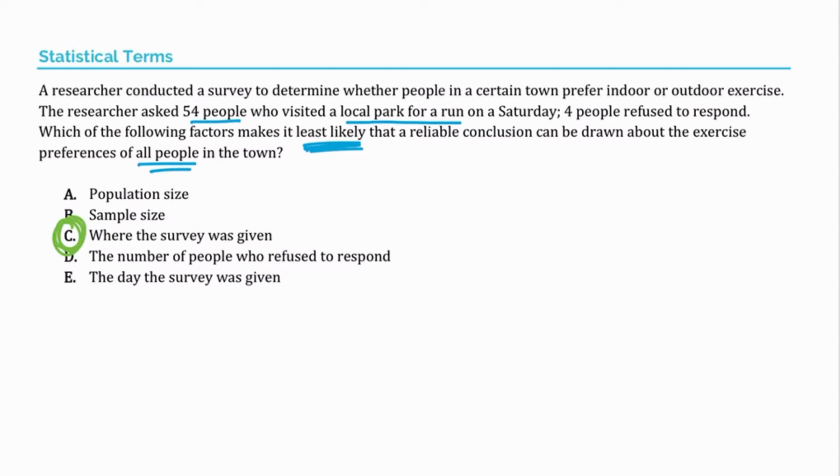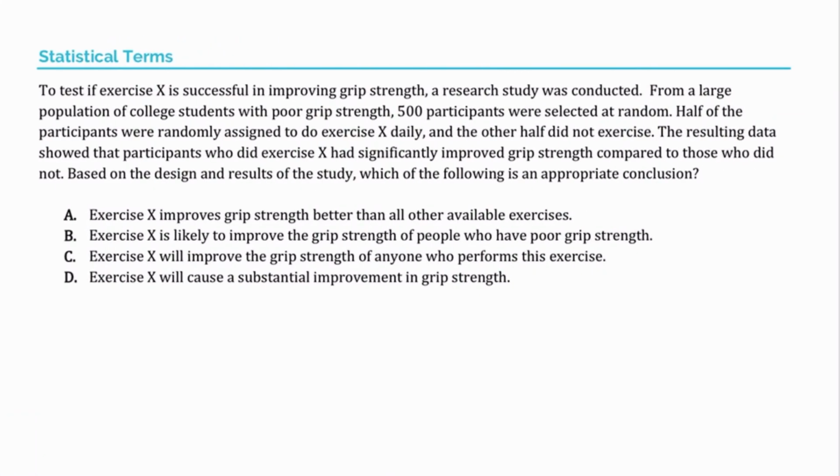The fact that the survey was given at an outdoor facility, right, at a park where people are running, is a giant problem for these data to actually be reliable. If we wanted to do this study, we would need totally random selection, like not asking people at a gym or a park, but asking people in a space that has nothing to do with exercise, and then asking them if they prefer indoor or outdoor exercise.